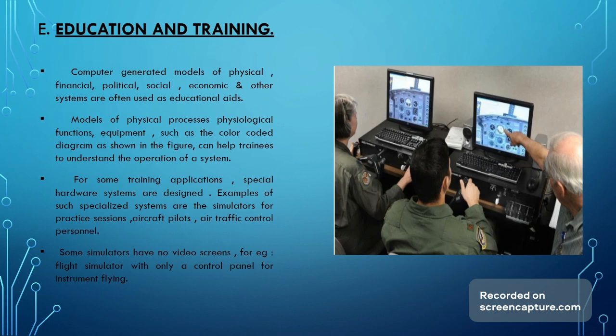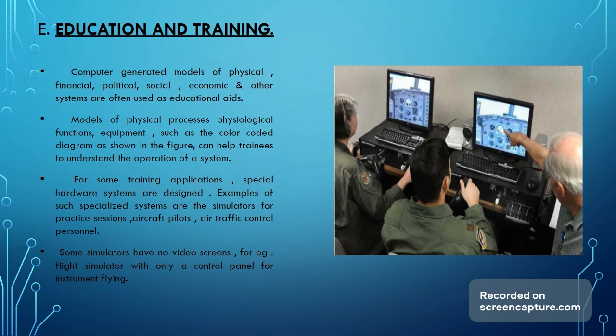The next application is education and training. Computer-generated models of physical, financial, political, social, economic, and other systems are often used as educational aids. Models of physical processes, physiological functions, and equipment, such as the color-coded diagram shown in the figure, can help trainees understand the operation of a system.